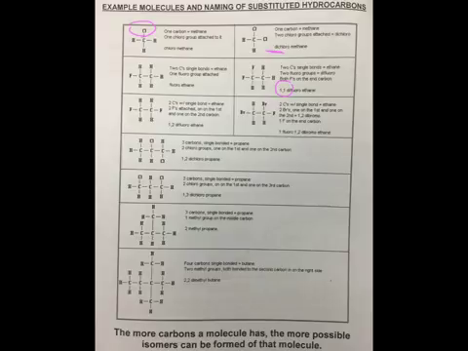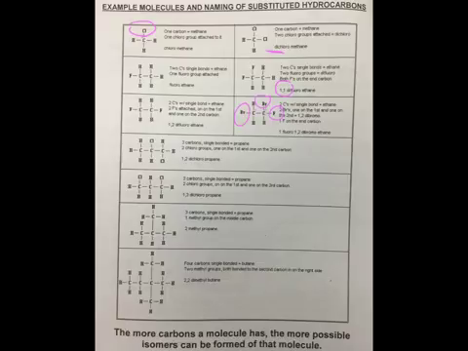In the next example, I have 1 fluorine coming off the first carbon, 1 coming off the second carbon. So this is 1,2-difluoro, meaning 2 fluorines, but one's on the first carbon, one's on the second carbon, ethane. And in the last example, I'm using bromine, and I got a little carried away here because I've got 2 bromines and I've got a fluorine. So I have 1 bromine on the first carbon along with a fluorine, and I have a second bromine on the second carbon.